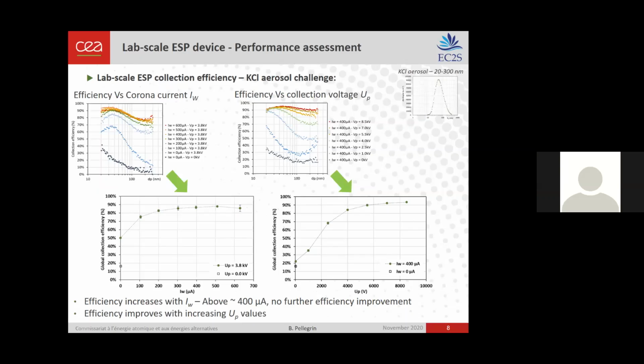The influence of operation conditions, which are the corona currents on the charging stage and the voltage applied at the collection stage, were assessed. We demonstrated that for this lab scale unit, for optimum parameters, an overall efficiency of over 90% can be achieved.